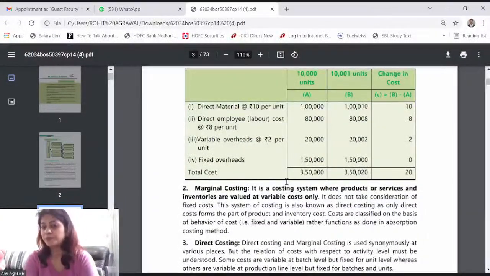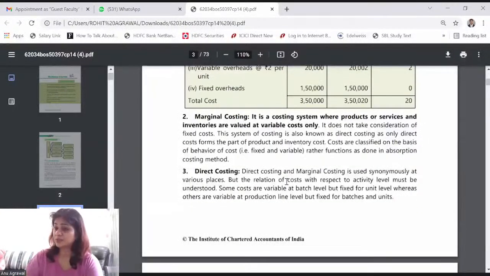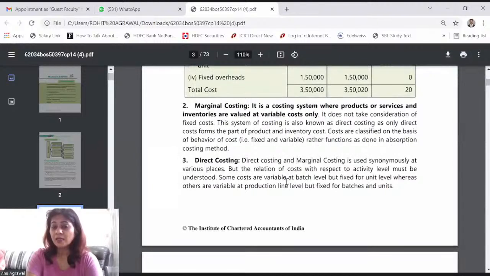This is something beautifully done by ICAI. Then the Institute is trying to tell you that direct costing and marginal costing are used synonymously. We keep on using these terms interchangeably, but they're not the same, right? Okay, they say that the relation of cost with respect to activity level must be understood.